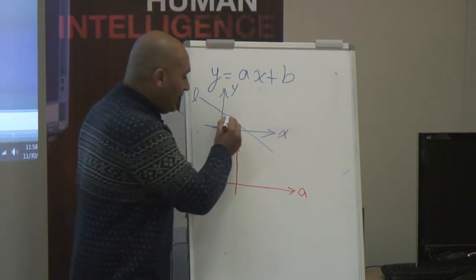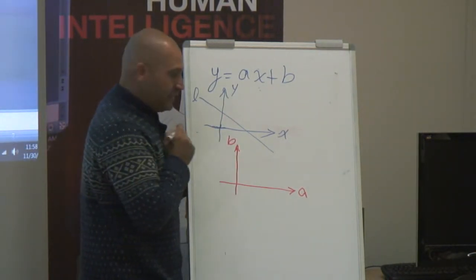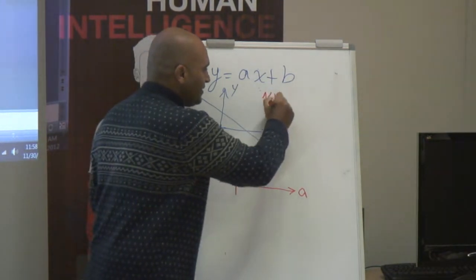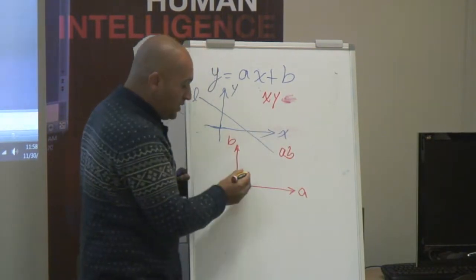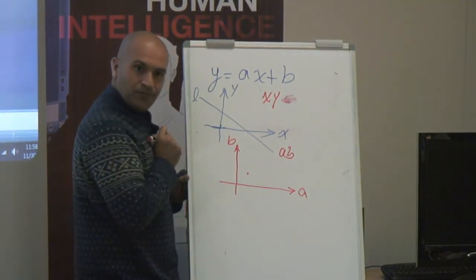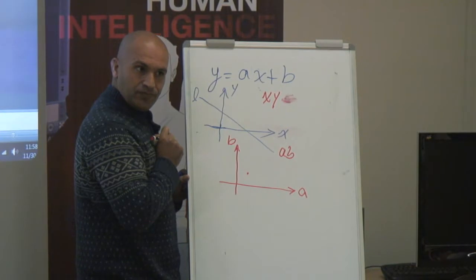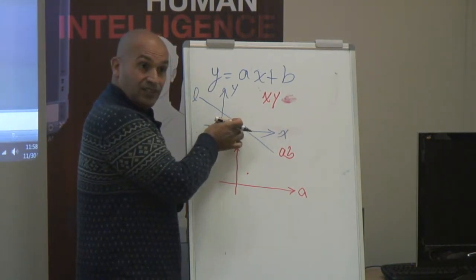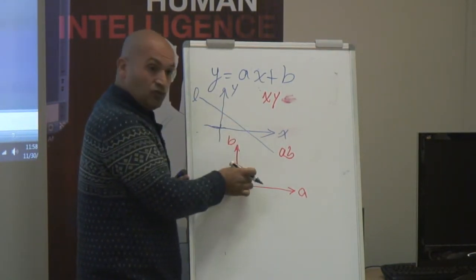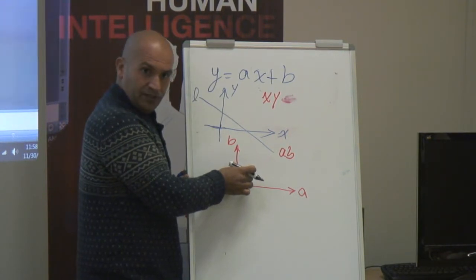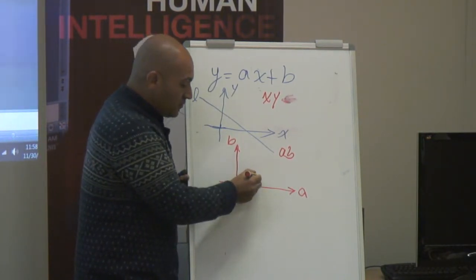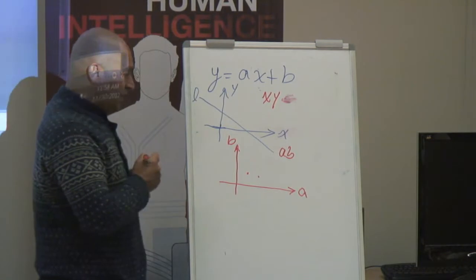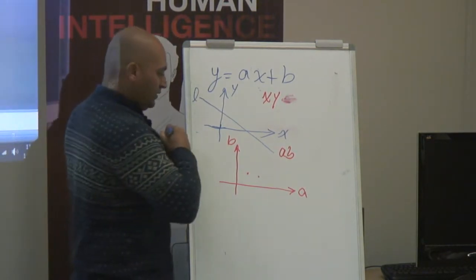Any line L in this xy space will be mapped to a point in the ab space. So any point here represents a line here.